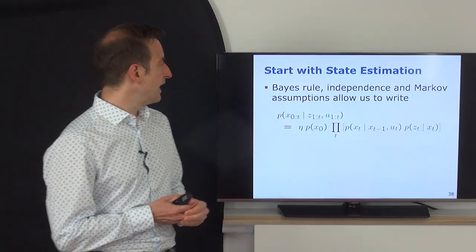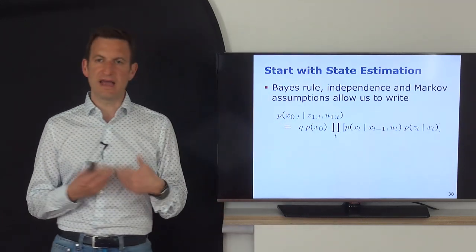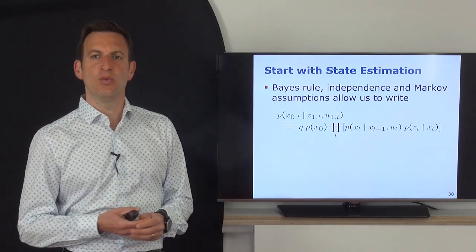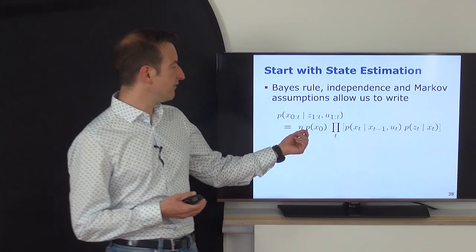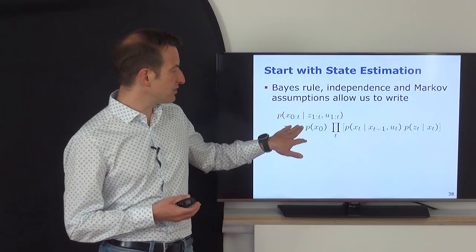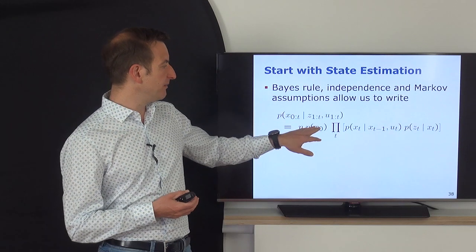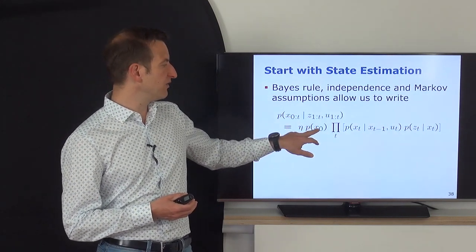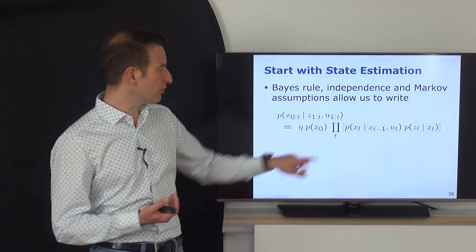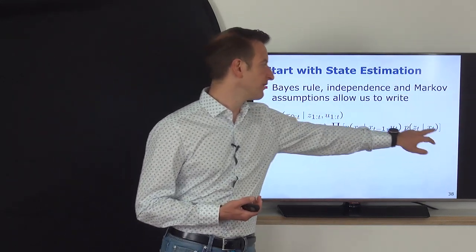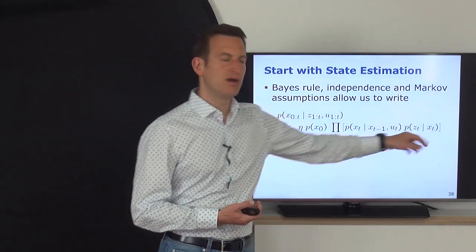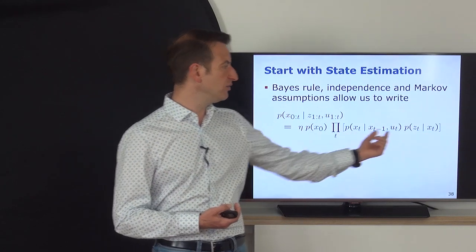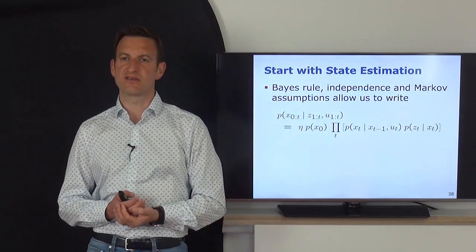And by just applying Bayes' rule and an independence assumption, the Markov assumption, we can rewrite that in the form that we have some normalization constant as a result of Bayes' rule, some prior, this was x0 at time 0 where we don't have any observations or control commands available, and then a product where we have our motion model, everything related to u, and our observation model, everything related to z.